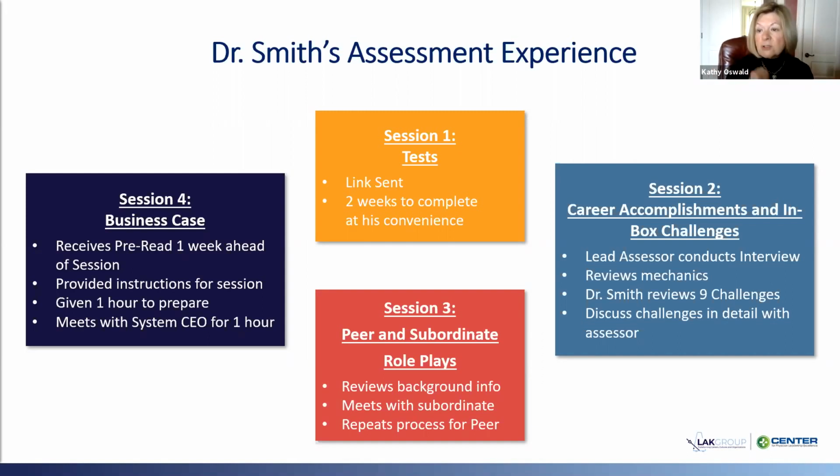And he has a chance to read that ahead of time. On the day of the assessment, he's introduced to the session, and he gets instructions about what his role is going to be. And he's actually going to have to make a presentation to the CEO of the system in an hour. And so he is then given 1 hour to prepare to actually meet with the CEO.